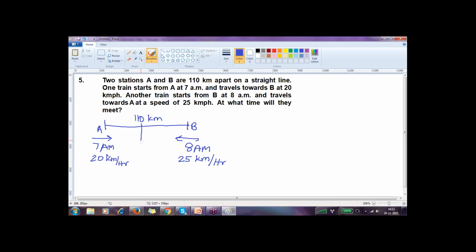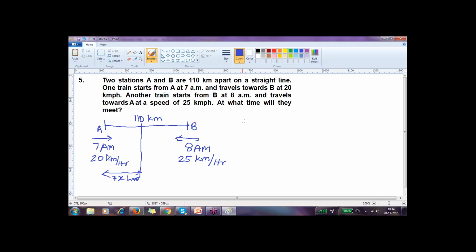Let us say that this is my x hours. What it means is, the train from A meets the train from B after x hours. After it starts from 7 a.m., it travels for x hours and then it meets B.